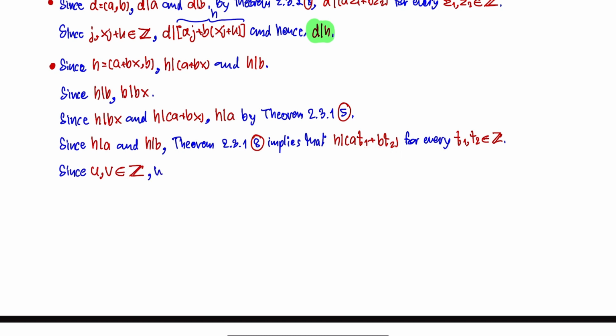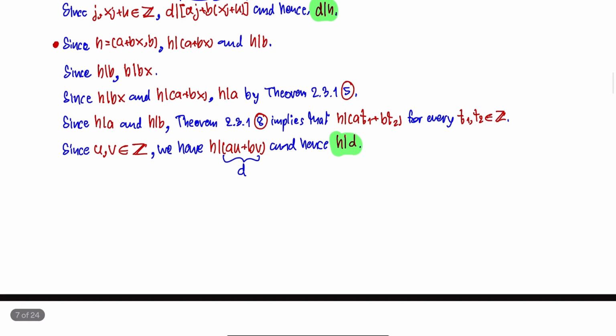So what do we have? We're going to have H divides au plus bv, and hence H divides D, because this term right here is now D. All right, so we have H divides D.